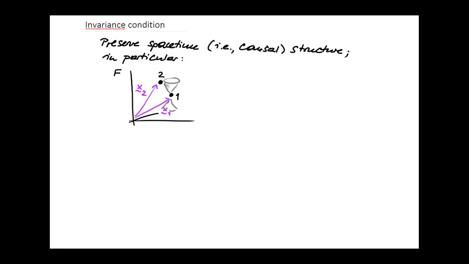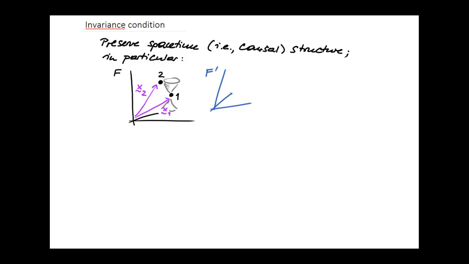Now we go to another frame, let's say F primed. It has the origin at some different location, and the axes have a different orientation.